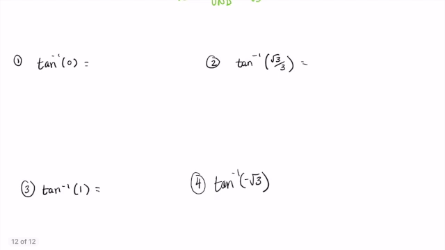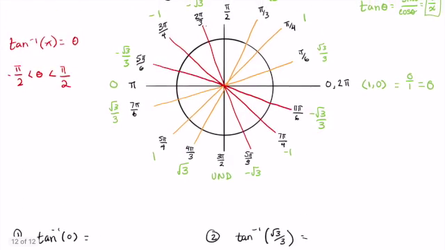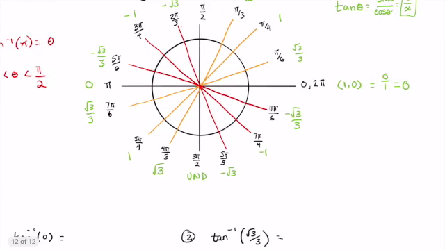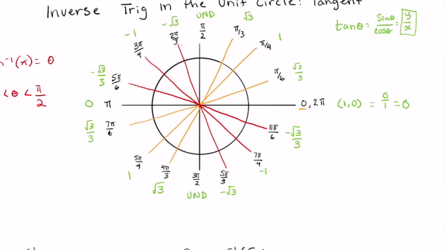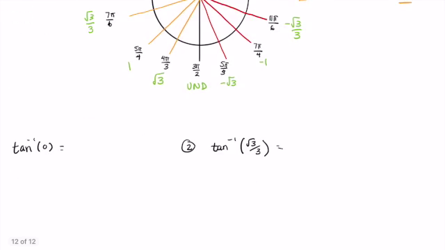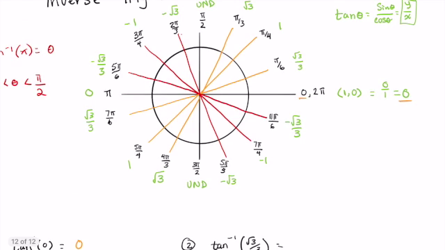So the inverse tangent at 0. Well, the inverse tangent at 0, when looking at this, is 0. That was easy. Now, what is the inverse tangent of root 3 over 3? So what I'm going to do is I'm going to find my value of root 3 over 3.